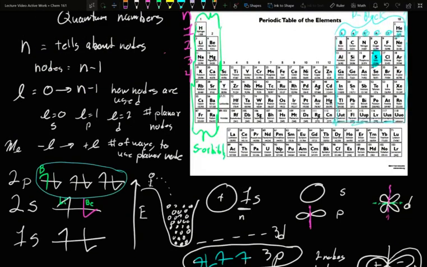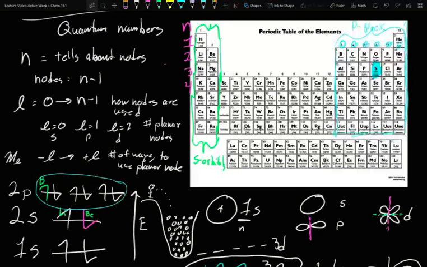Quantum numbers are a handy tool to talk about what energy level you are at. The greater your n value, the greater your L value, the greater your energy is going to be. You have more nodes, and more of them are planar. This helps us identify the different energy levels that each orbital represents.